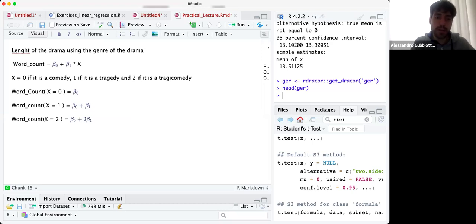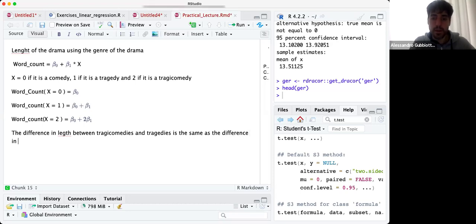So in practice, the difference in length between tragicomedies and tragedies is the same as the difference in length between tragedies and comedies.